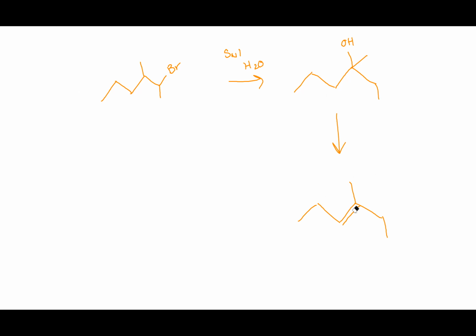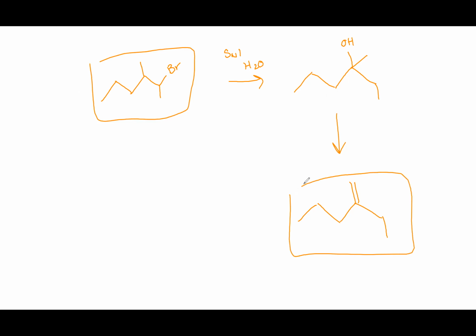Actually, it would be easier to do this problem if the alkene was right here. So if you had a synthesis problem where you could start with this right here and have that as your product.